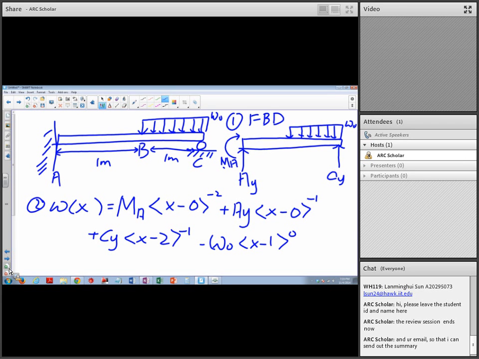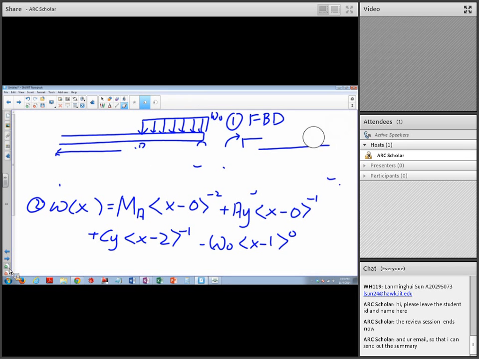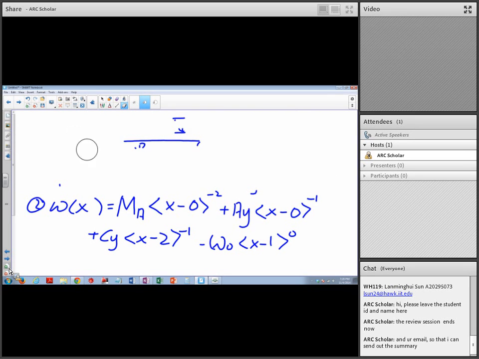Everything okay? Okay, so the next step we need to do is the integration. You notice that you don't know what MA is, you don't know what AY is, and you don't know what CY is.